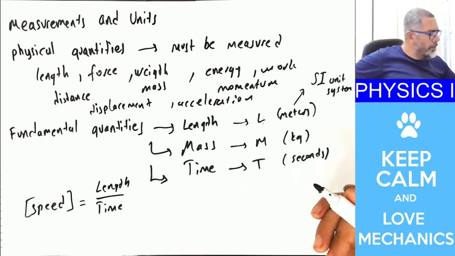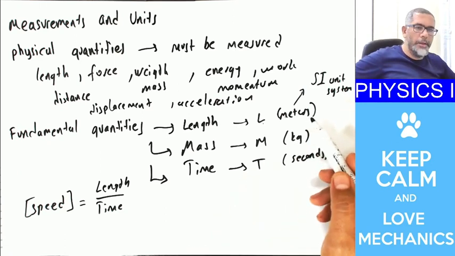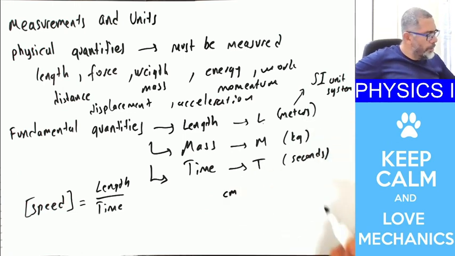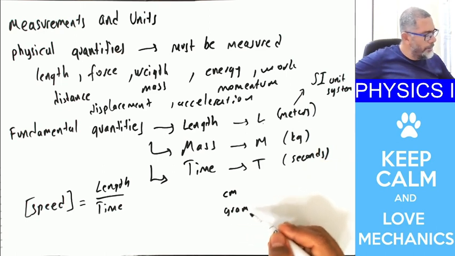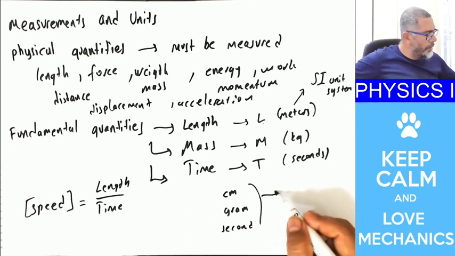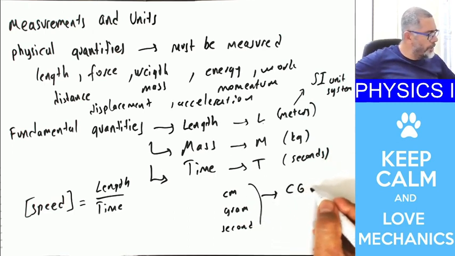But you might measure length not in meters but in centimeters, and mass not in kilograms but in grams, and time in seconds. Then you are using a different unit system, called the CGS unit system.